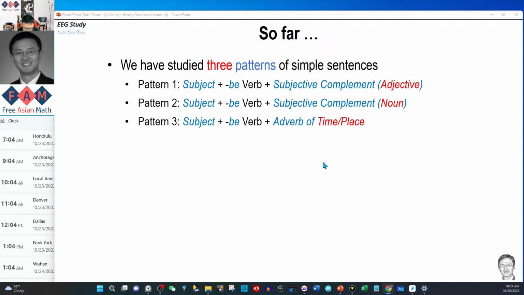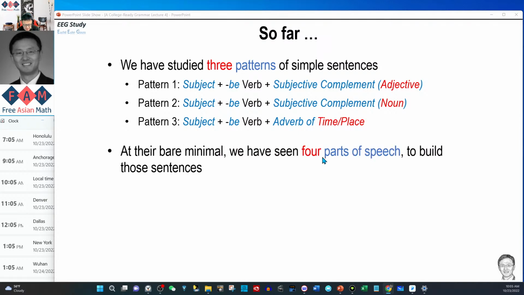We will see why we have such an interesting term as obligatory adverbial later when we study a different type of simple sentence pattern. But so far, those 3 patterns are what we have studied. You have to know that the be verb is a very special verb. That's why we study those 3 patterns at the beginning.